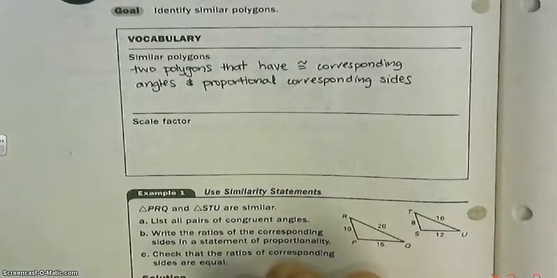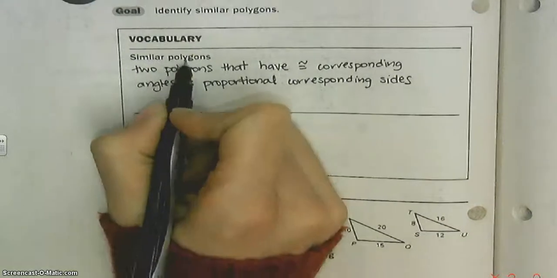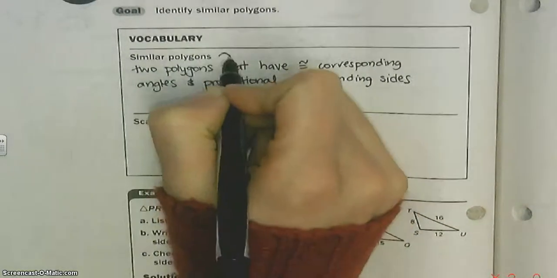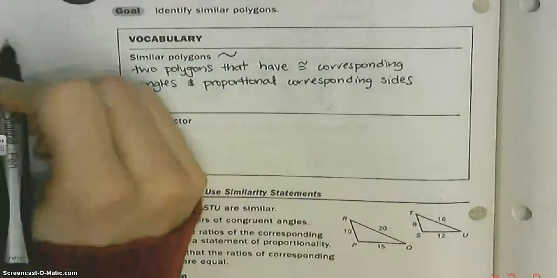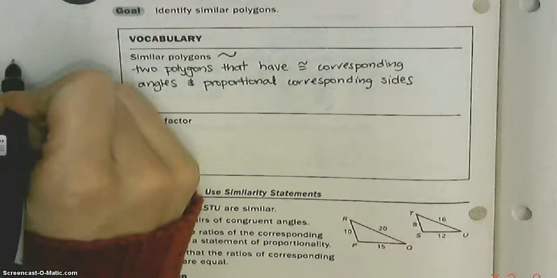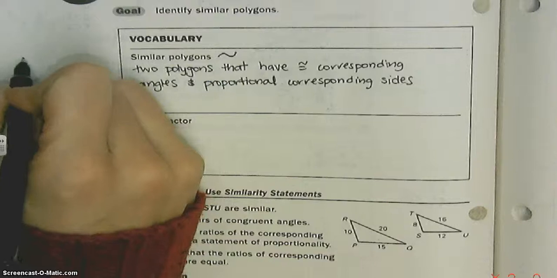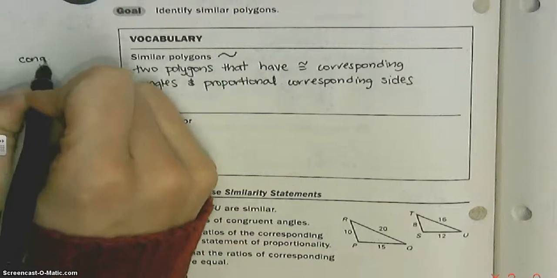All right, so I think we should compare this to being congruent. And the symbol for similar is just a squiggle. So I'm going to make a little chart for us out here. We're going to have congruent on one side and similar on the other.